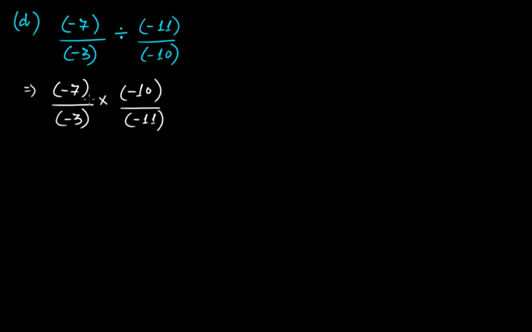Okay. We have discussed this one point in our earlier videos, that if your rational number is of the form minus p over minus q, then it is nothing else but p over q. What's the proof? We have covered it in our earlier video. So you have to remember this thing.